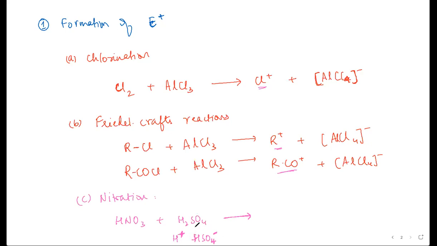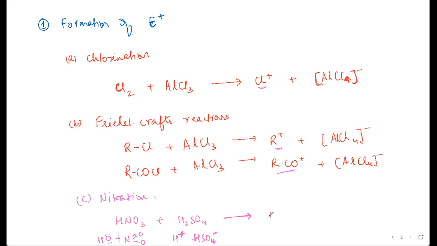When this happens, the H plus from this proton destabilizes the nitric acid. So, the nitric acid structure I've shown you earlier, you've got an OH here. This proton gets attracted to the lone pair on oxygen in nitric acid and breaks this bond.